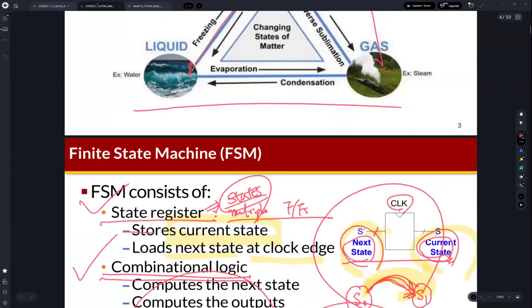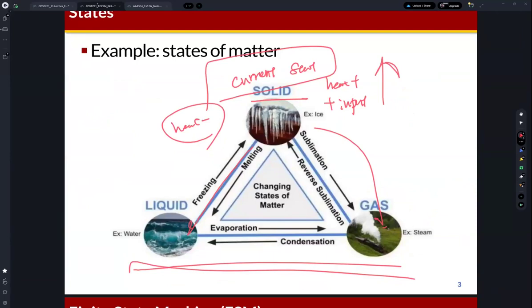So the output of a certain system can be determined by the current state of the system, right? This is an example of a system.